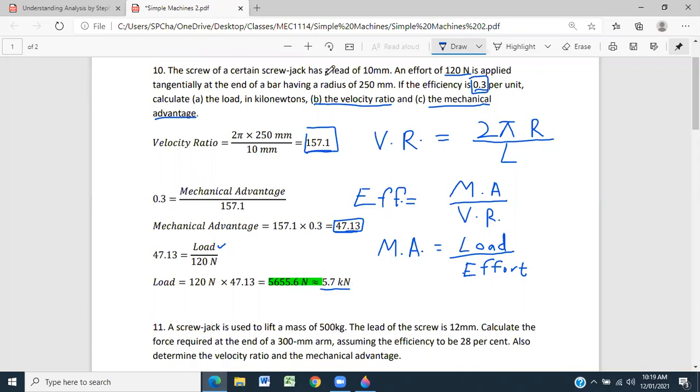Any questions overall, generally on this? No? No questions? All right, moving on.